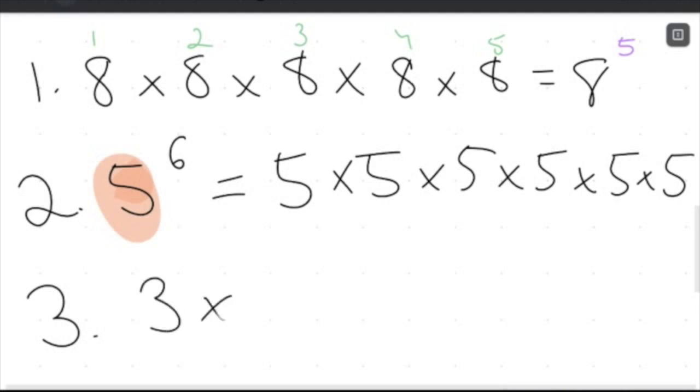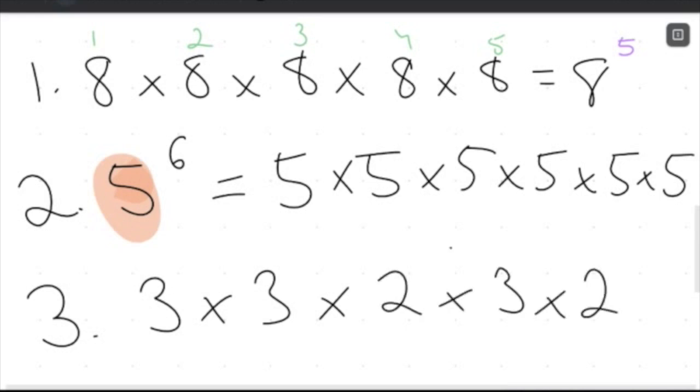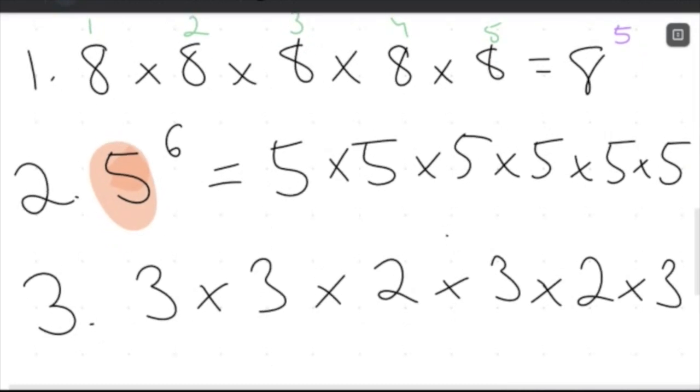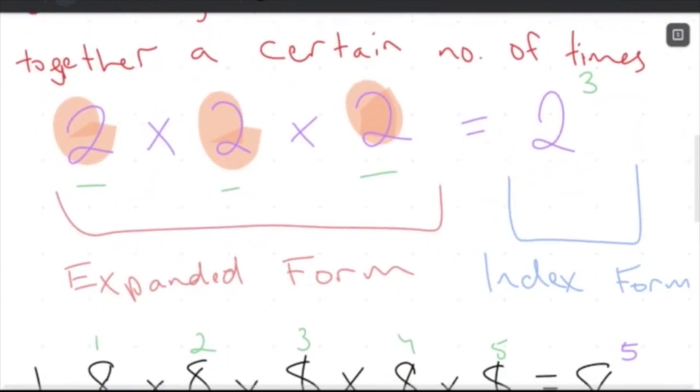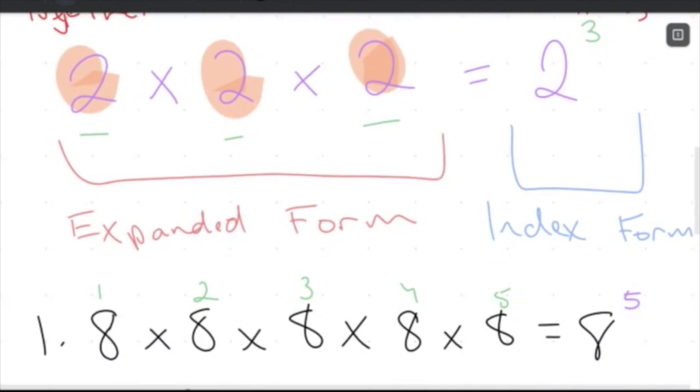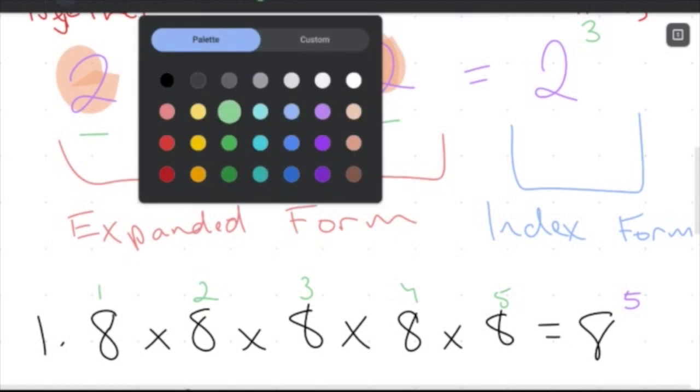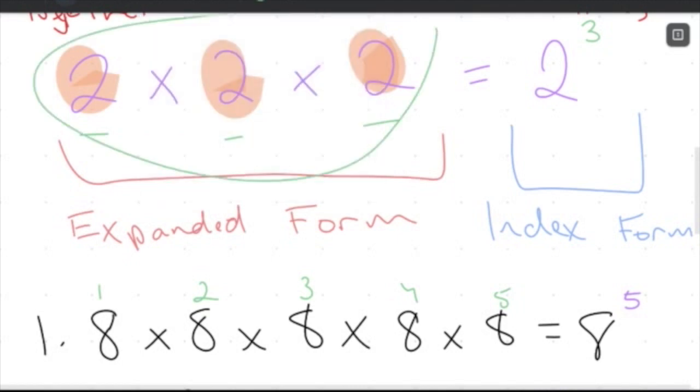So what if I had 3 times 3 times 2 times 3 times 2 times 3? Well, let's think back. What is the only way I can use this shorthand? What's the one condition that I needed to write this in the shorthand way in the first place? Well, what I needed was I needed all the same numbers multiplying by one another.